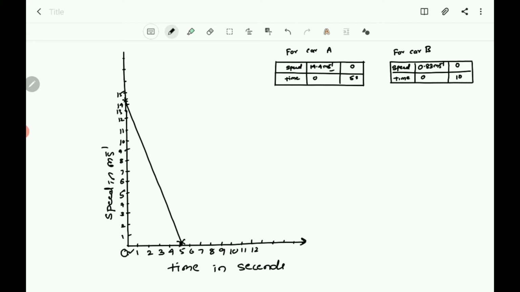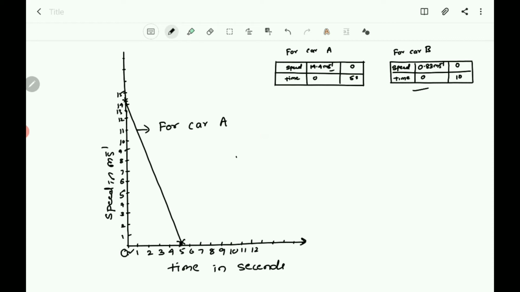This is the graph for car A. Next you take the second car B. Here when the time is 0, its speed is 0.83. So you take 0.83, which means here only, it is less than 1.